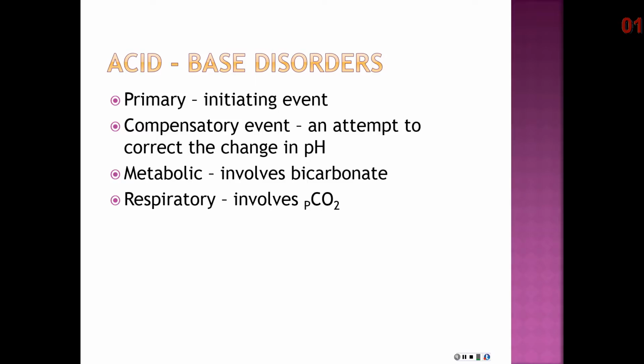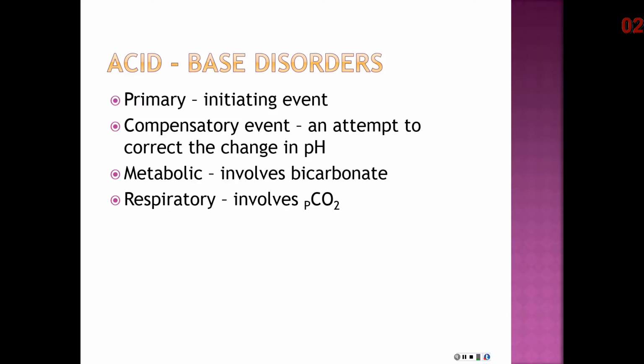So when we start looking at acid-base disorders, again, we are talking about something that's either metabolic, which involves bicarbonate and is being regulated through the kidneys, or it's respiratory and it involves partial pressure of carbon dioxide and it is regulated through the lungs, hence respiratory. Now, acid-base disorders have what we refer to as a primary or initiating event, and then in some cases a compensatory or adaptive event.